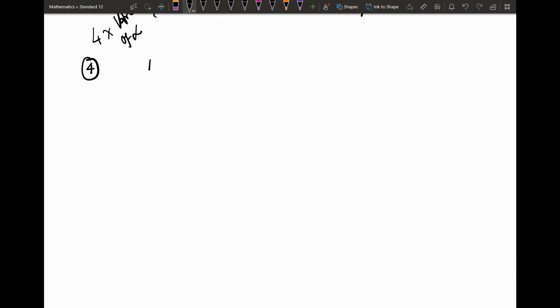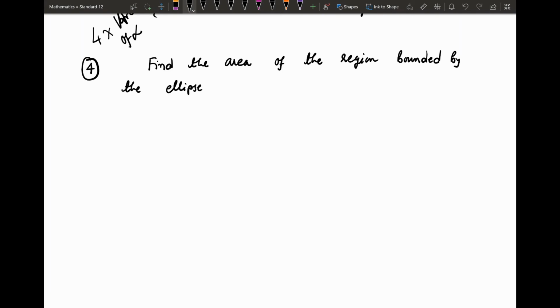find the area of the region bounded by the ellipse x square by 4 plus y square by 9 equal to 1.